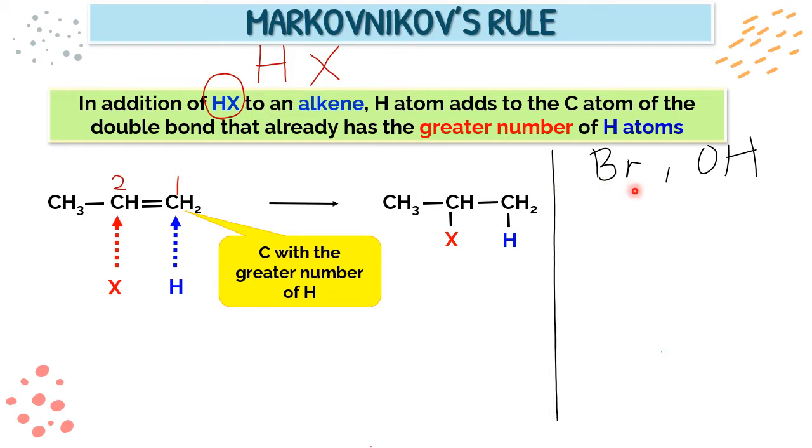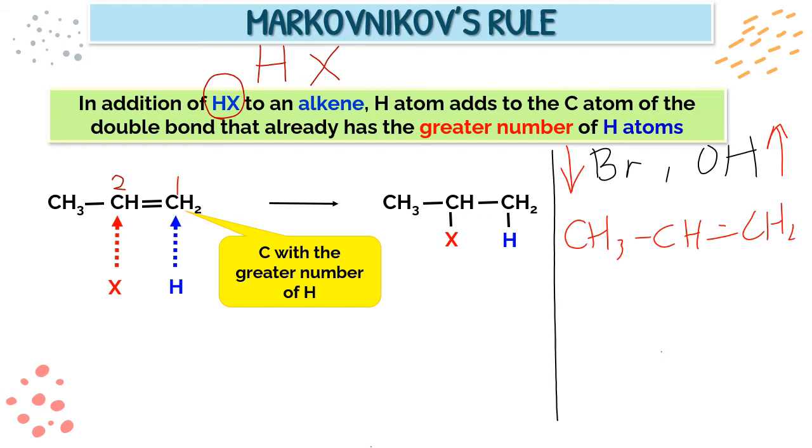Between bromine and hydroxyl group, hydroxyl is the higher priority functional group, while bromine is the lower priority functional group. So if we were to draw, CH3, CH double bond, CH2.